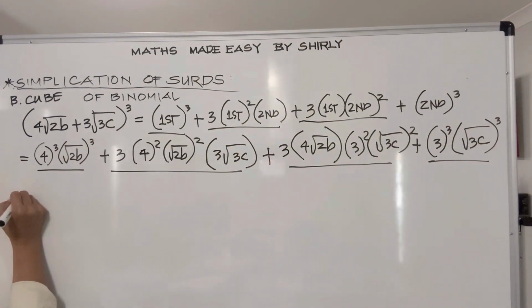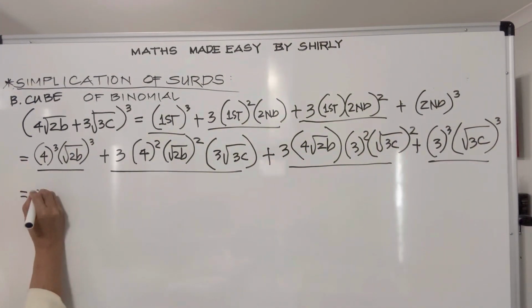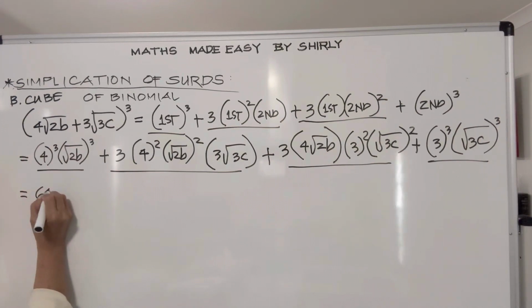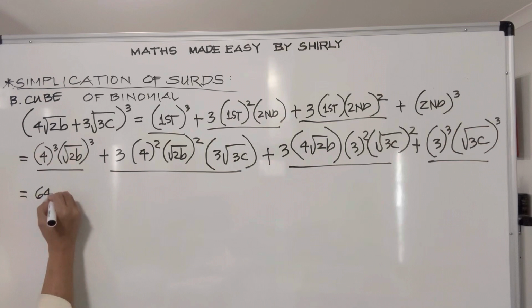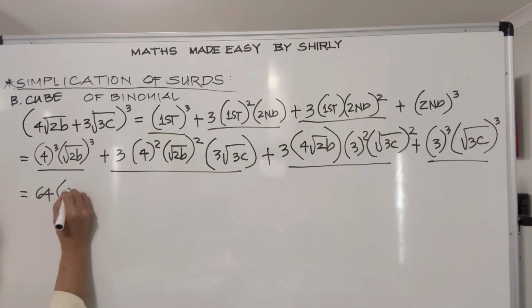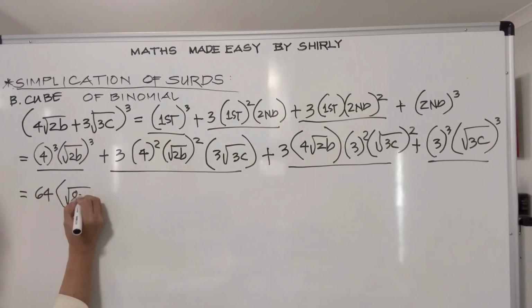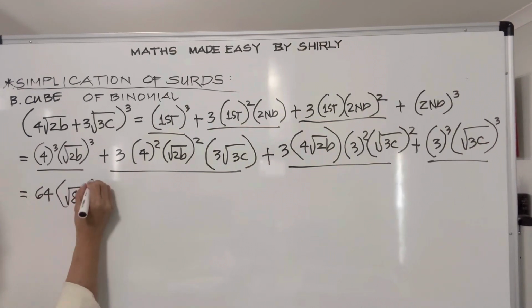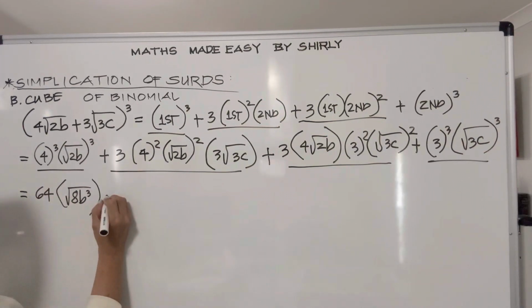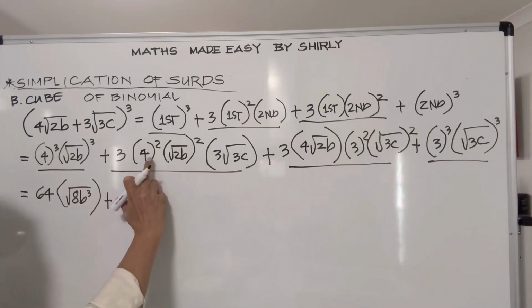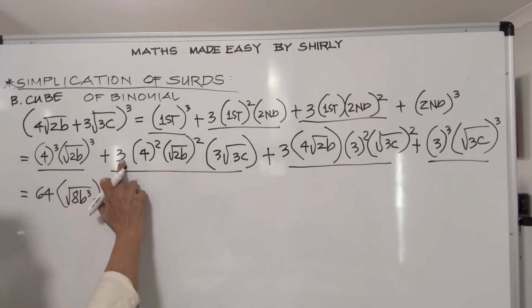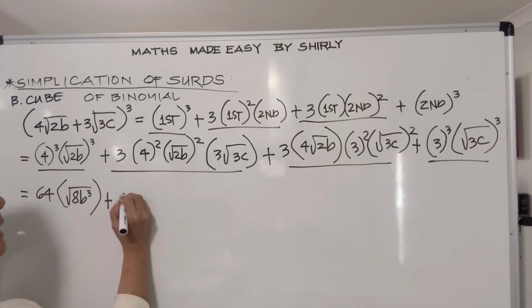Next, let us simplify. 4 cubed is 64. The cube of square root of 2b is square root of 8b cubed. Next, the square of 4 is 16 times 3 is 48.